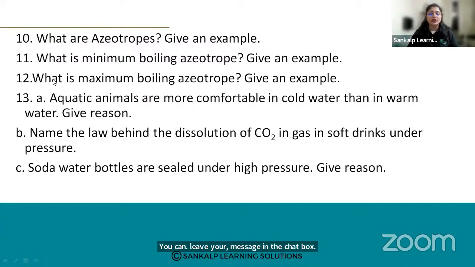Next question: what are azeotropes, and give an example.